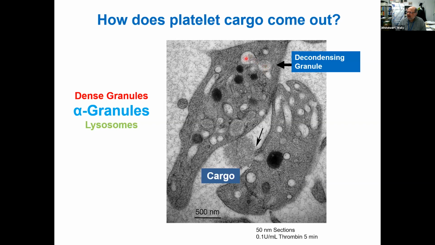This is cargo perhaps being dissolved and coming out, or in the process of coming out. And so we wanted to better understand the process of platelet secretion to get an idea of what it does in hemostasis, but from a molecular standpoint, what's actually going on in the platelet.